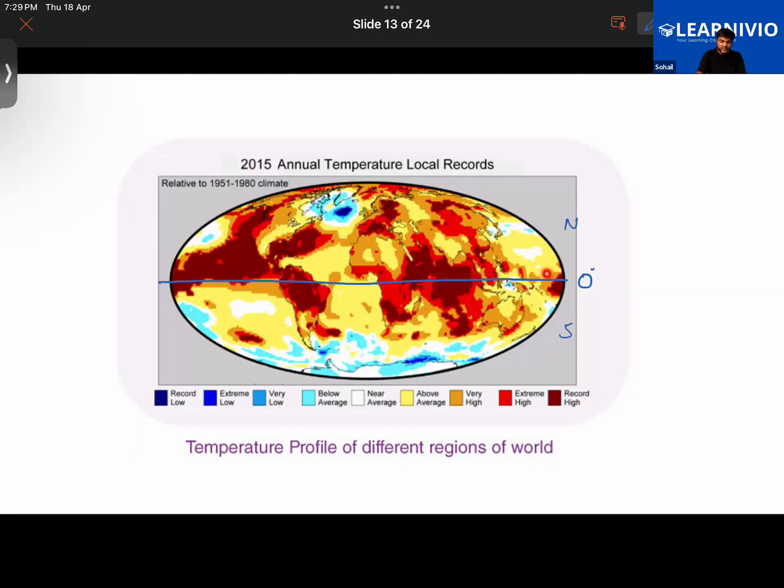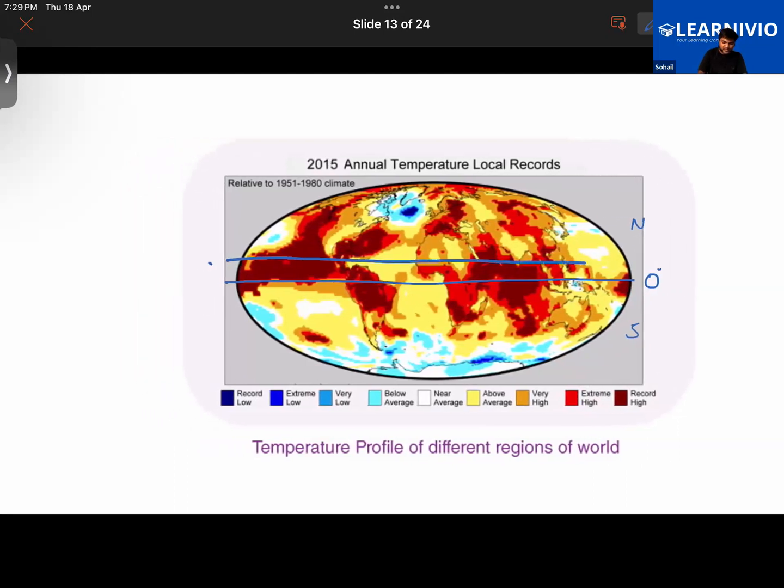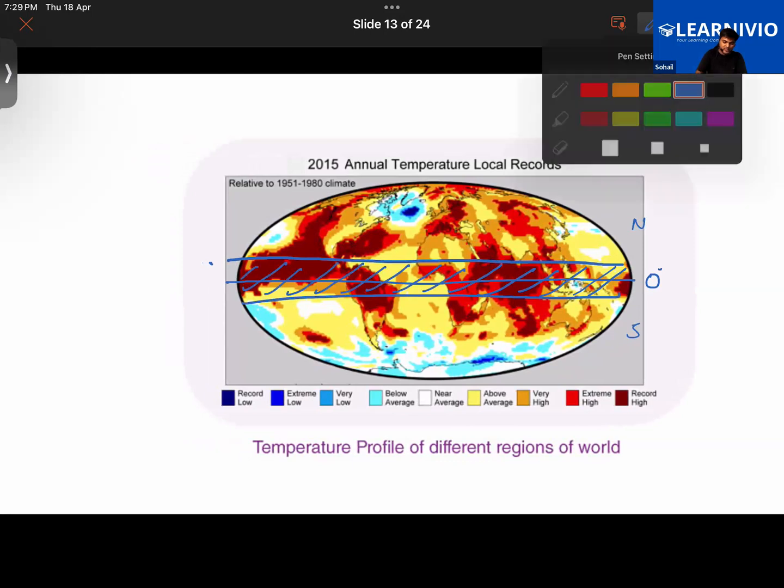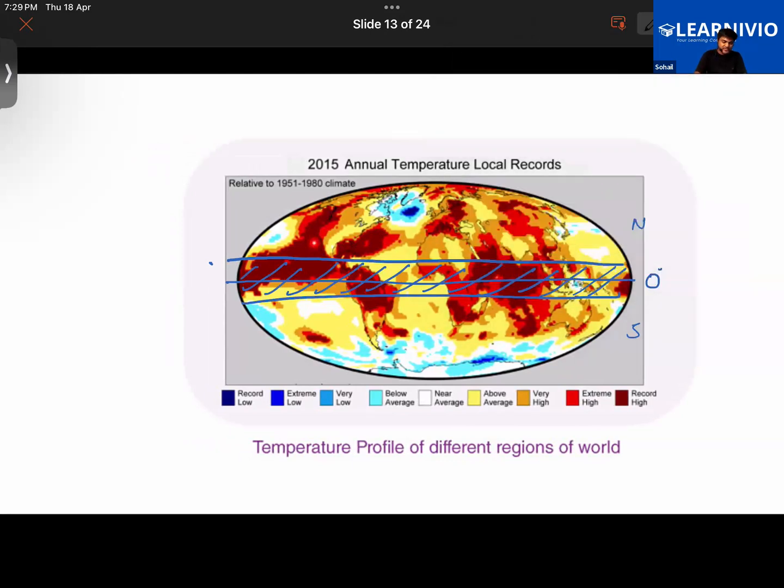So you find that particularly those areas which are closer to this equator, just pay attention to these two colors right now, this one and this one. They are particularly closer to this area. So this much region is called the equatorial region. This region which I'm showing here, you call the equatorial area.